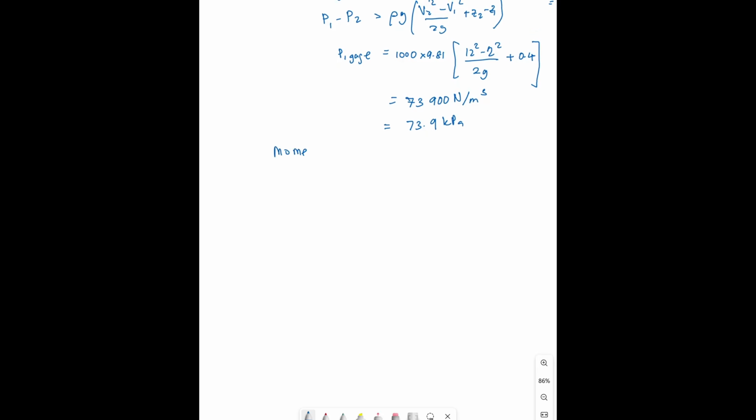We want to use the momentum equation for steady one-dimensional flow, where the total force is equal to the total momentum going out minus the total momentum going in.